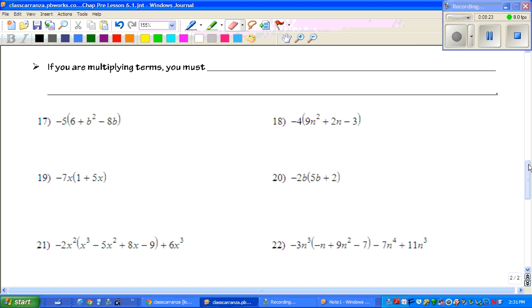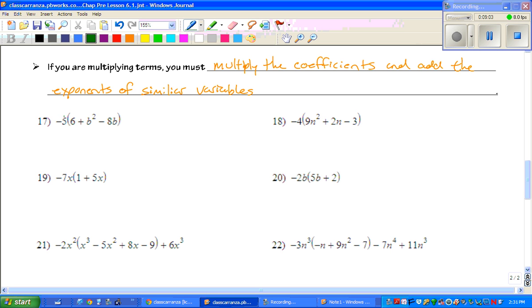Now, if you are multiplying terms, you must multiply the coefficients and add the exponents of similar variables. So you multiply the coefficients and then add the exponents.